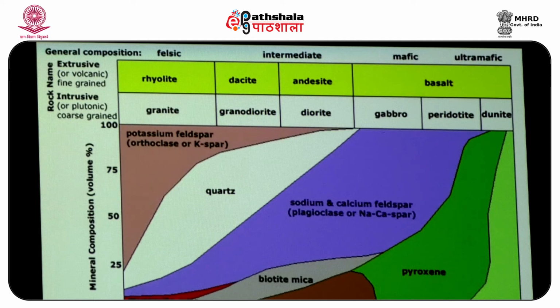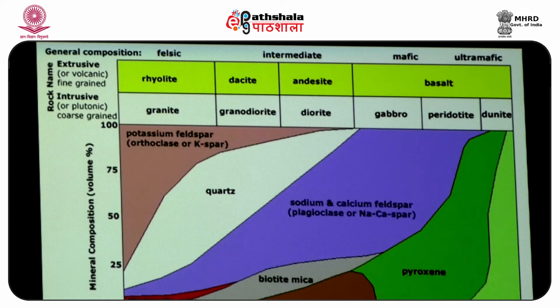If they are formed in the crust, they will have more of quartz and orthoclase feldspars, and to some extent mica. Amphibole can be present from more felsic rocks to more mafic rocks. So, what we can show you here is that these are plutonic rocks.